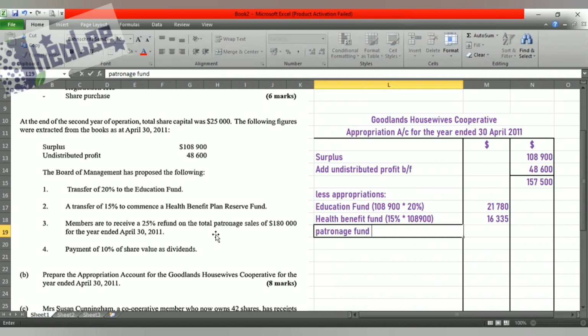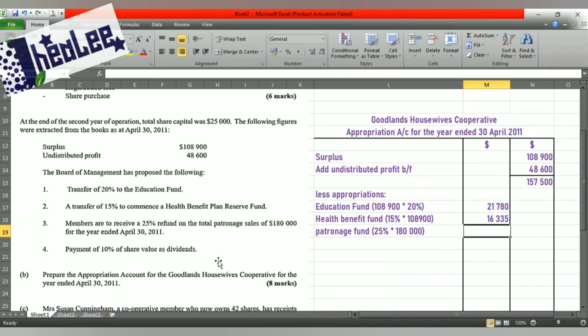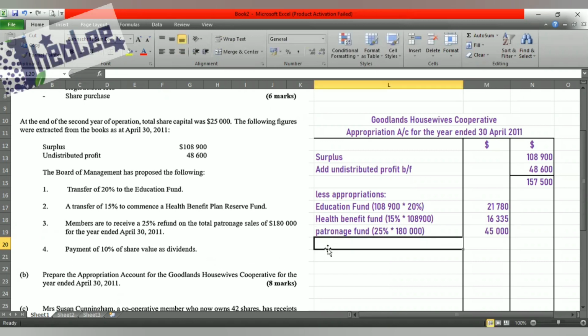For the patronage fund, it is 25% of the sales generated for the period. That is 180,000, and that gives us a value of $45,000. And our final appropriation item there is a dividend to be paid to the members of the cooperative, the housewives.